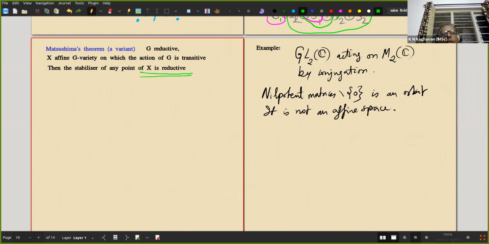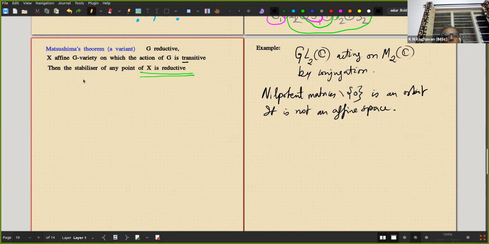How do I get reductive groups? So here is a statement. If I take a reductive group, let's say GL_n(C), and if X is an affine variety on which G acts, and the action is transitive, then the stabilizer of any point.